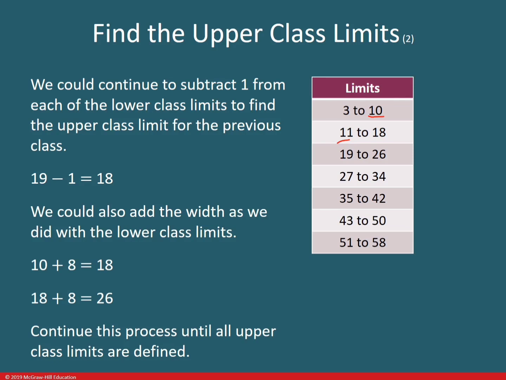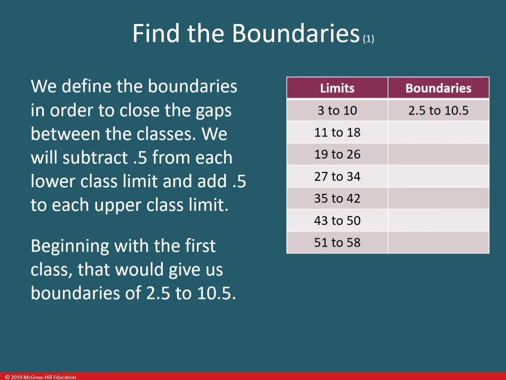Because what if, right? What if? We don't know. So what we do at this point to create our boundaries is we will subtract 0.5 from the lowest and add 0.5 to the highest.